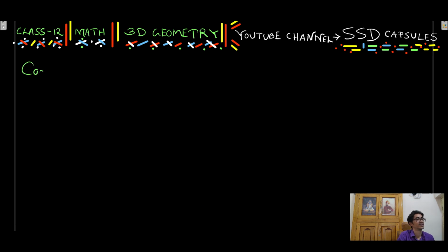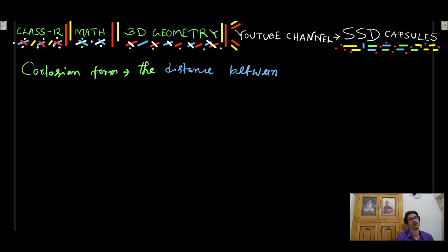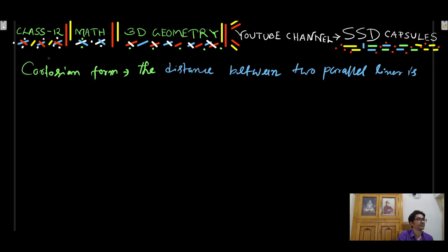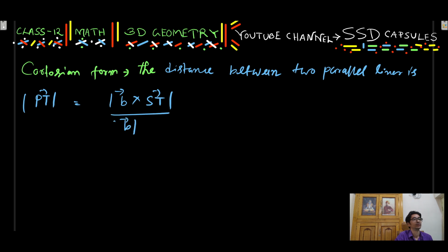The distance between two parallel lines is, from the previous page, B vector cross ST vector magnitude by B vector magnitude.